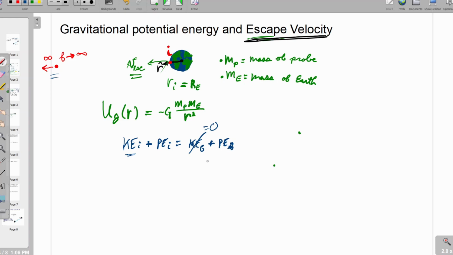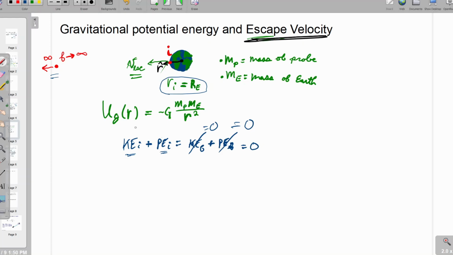The final potential energy is also going to be 0, because remember, we chose as our reference point r going to infinity, and UG then goes to 0 at r equals infinity. So what we need is initial kinetic energy plus initial potential energy equals 0. So the initial potential energy is going to be this from our formula here.